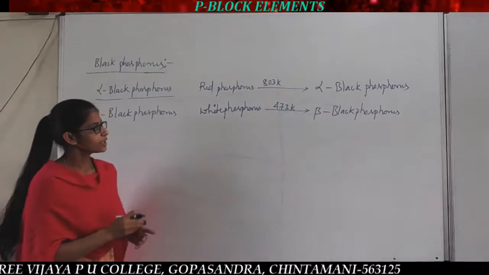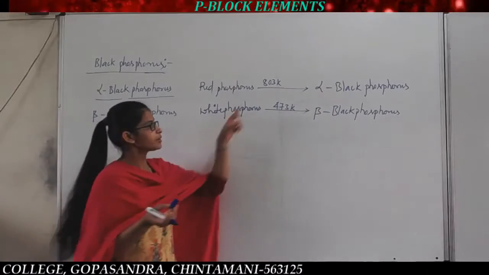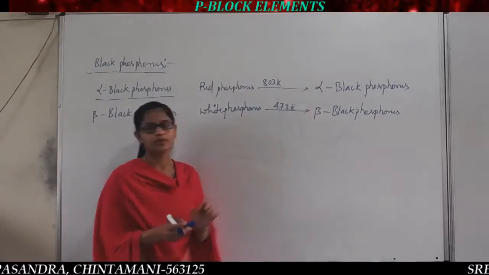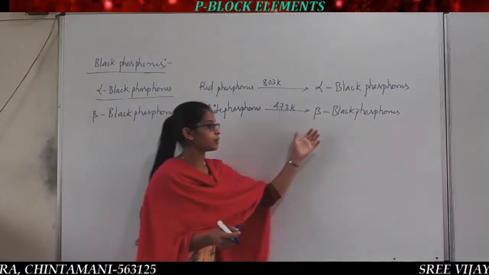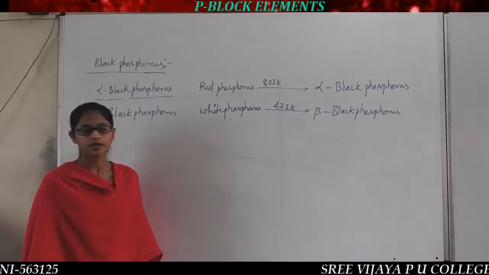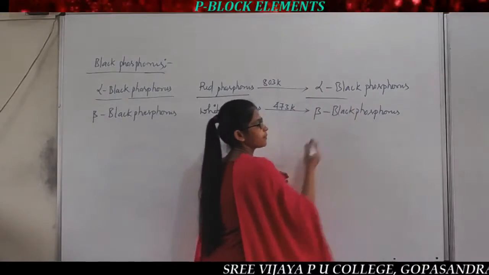See, only the reaction condition, the temperature, is different. At different temperatures we get different forms, alpha and beta forms. We call them alpha black phosphorus and beta black phosphorus. Okay, formation happens.